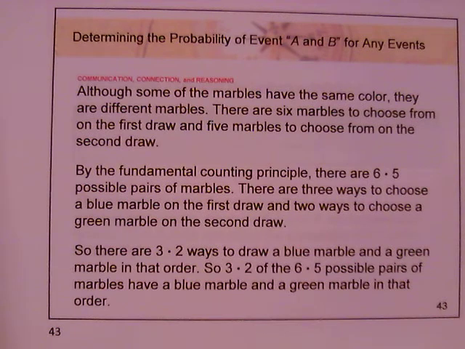So there are 3 times 2 ways to draw a blue marble and a green marble in that order. So 3 times 2 of the 6 times 5 possible pairs of marbles have a blue marble and a green marble in that order.